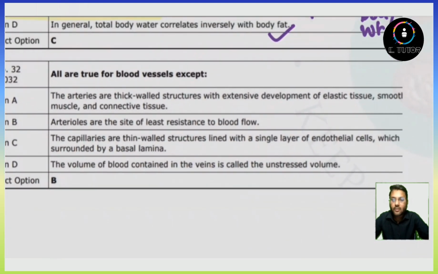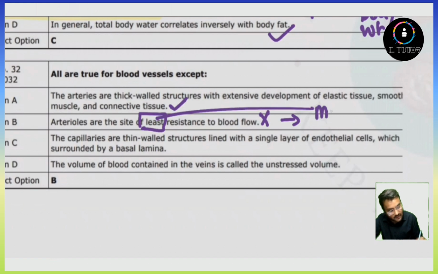All are true for blood vessels except. Arteries are thick-walled structures with extensive development of elastic tissue, smooth muscle and connective tissue. Yes, this is true. Arterioles are the site of least resistance to blood flow. No, this is not a correct statement, because arterioles are the site of maximum resistance.